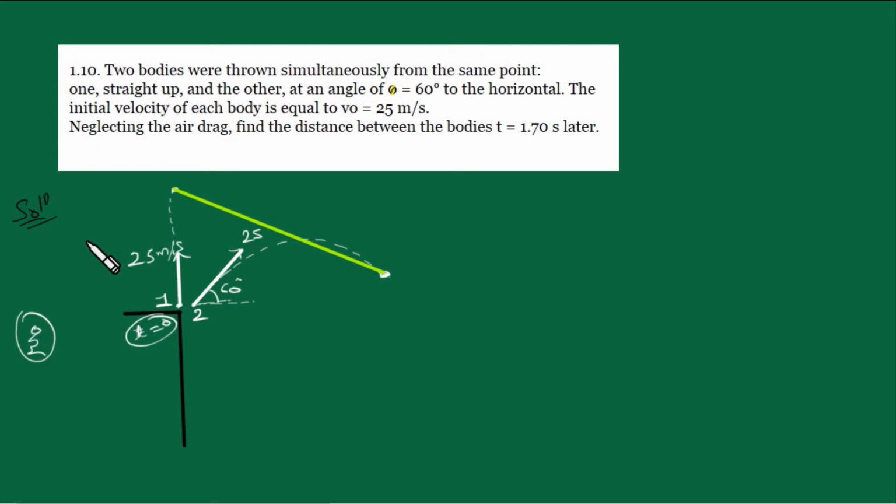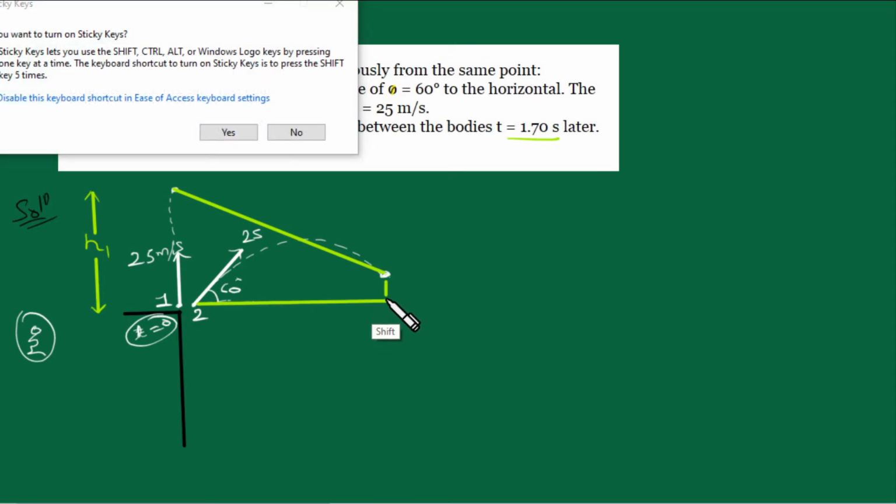So one way is that let me first find the height h1 that particle 1 has achieved at t equal to 1.7 seconds. This is one. Secondly, I will also find the coordinates of the second particle. This particle must have traveled something in the x direction also, and something in the y direction also, right?